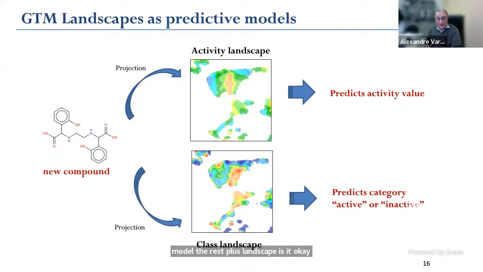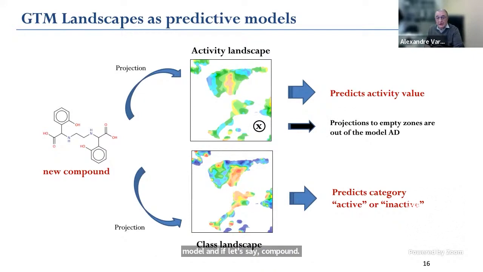And if, let's say, a compound is projected into an empty zone, it is considered to be out of the model applicability domain. It means that the GTMs actually could identify their own applicability domain. So, no training data in this area, the predictions could not be made.